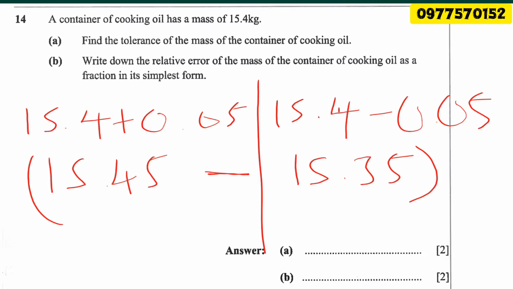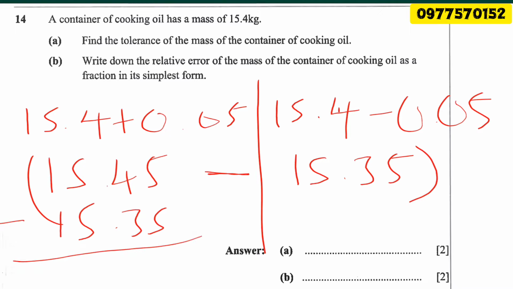Okay, so the difference after subtracting here, we are going to have 0.1, because 5 minus 5 is 0, 4 minus 3 is 1. Let me just write like this so that you understand: minus 15.35.